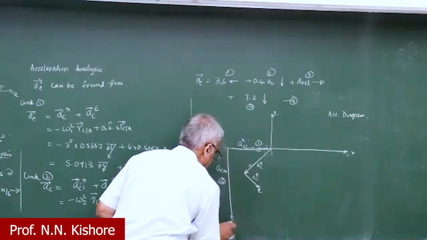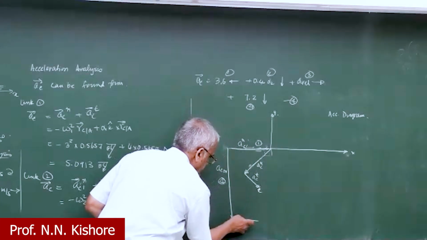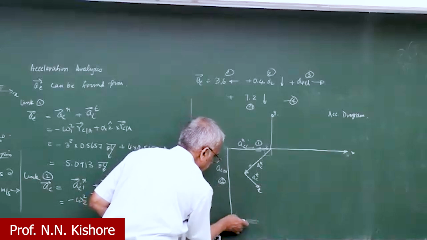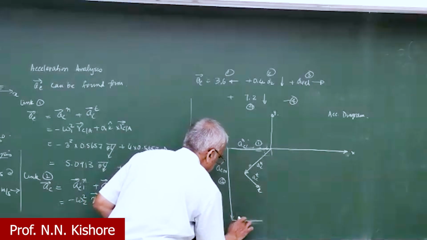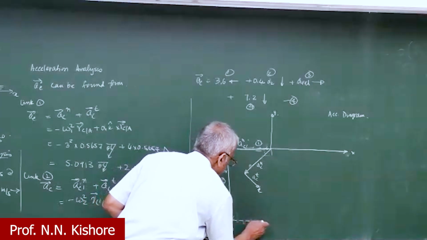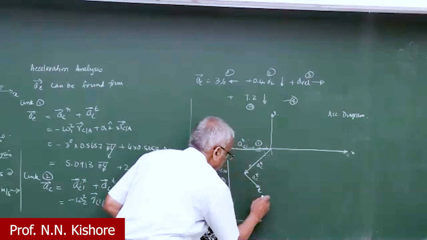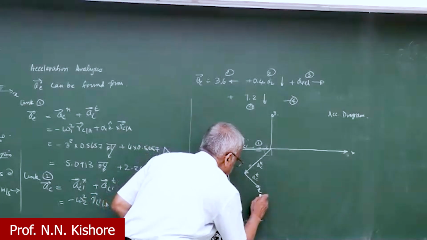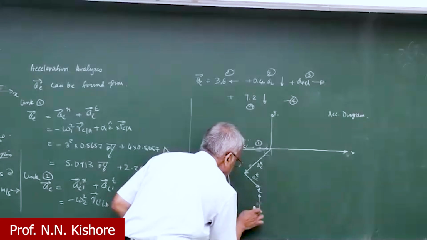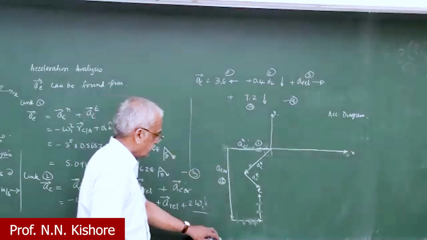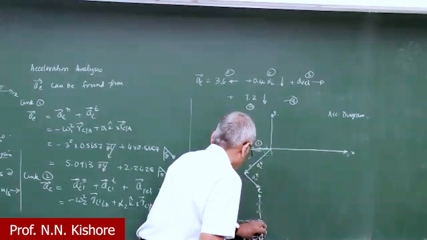This is the 4th component. I'm sorry, this is the 2. So these are the various components which you can add here, and then you can draw this polygon.